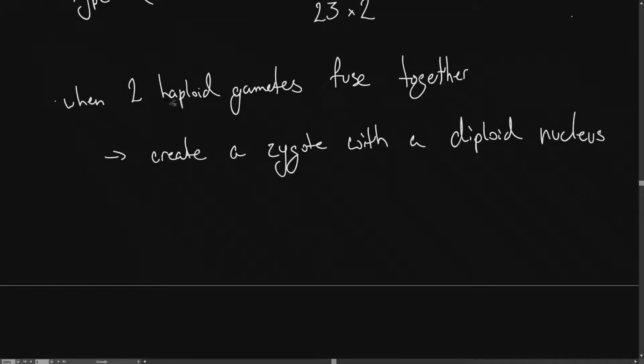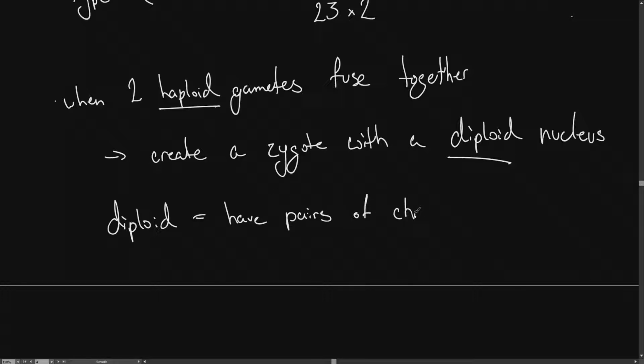Here we can see the difference between haploid and diploid. As we know from the title of this topic, diploid means that they have pairs. And these are pairs of chromosomes. Haploid, on the other hand, do not have pairs.